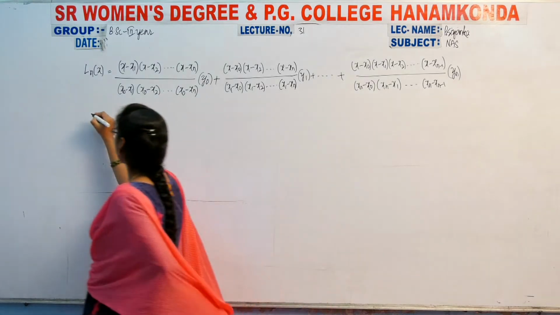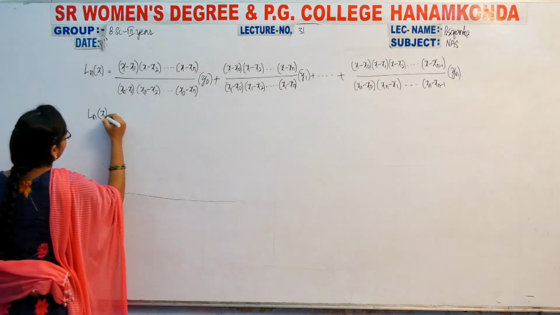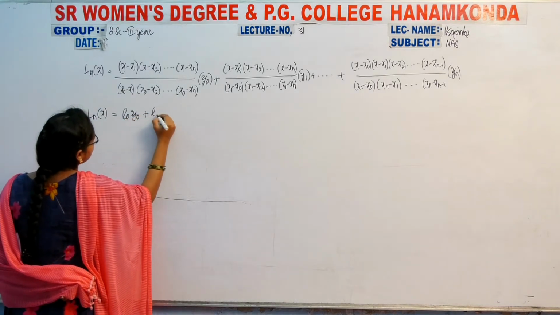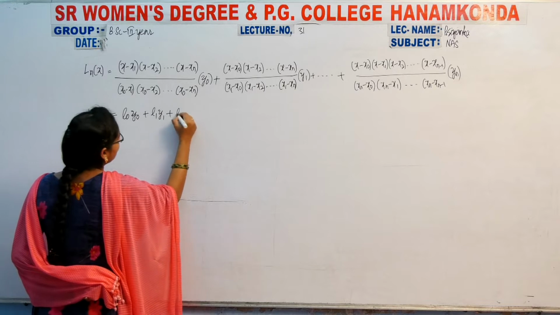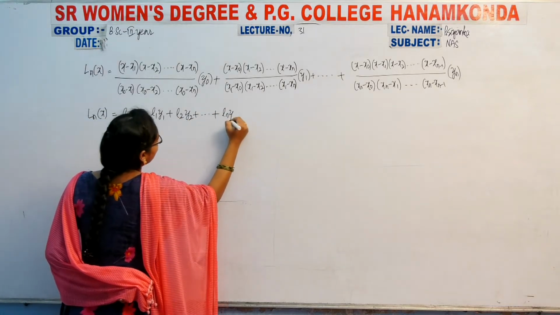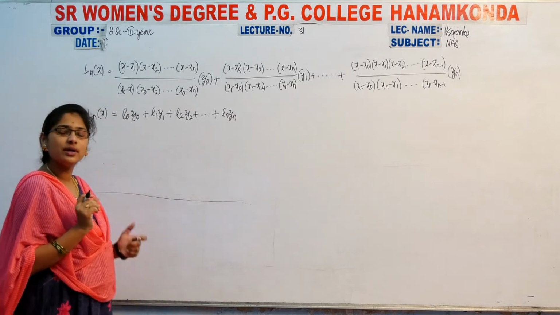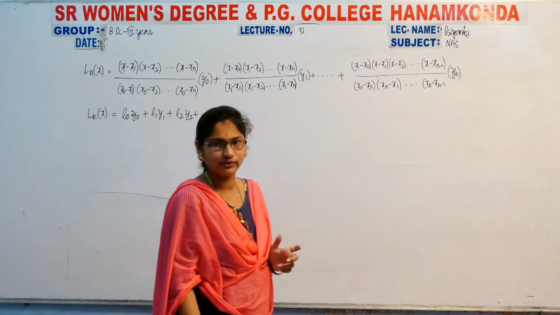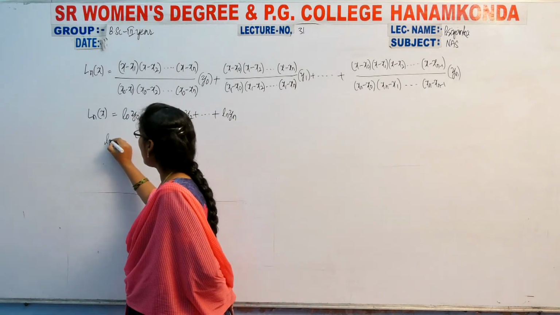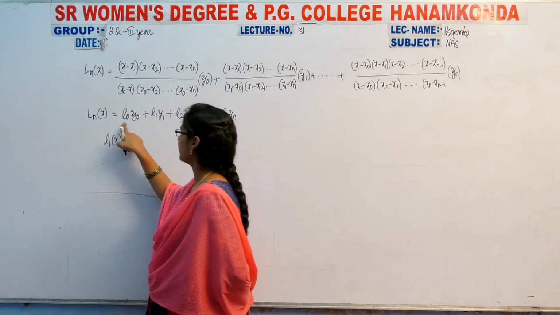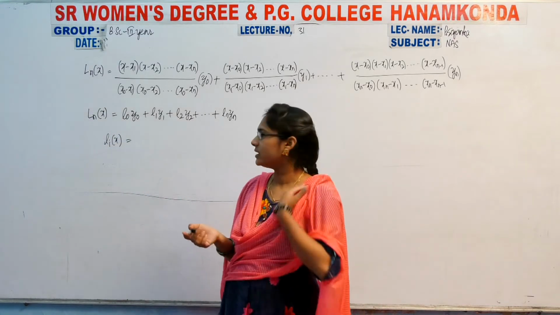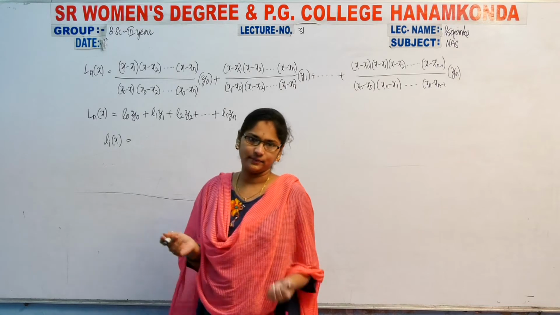So the continuation is L naught y naught plus L1 y1 plus L2 y2 plus so on Ln yn. Now I am going to give the value of the small li in general.